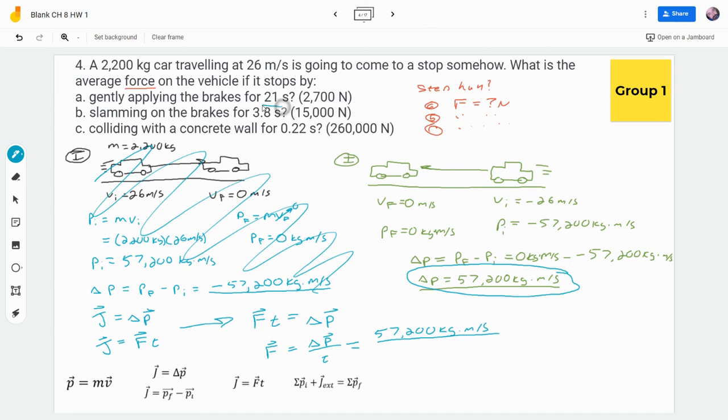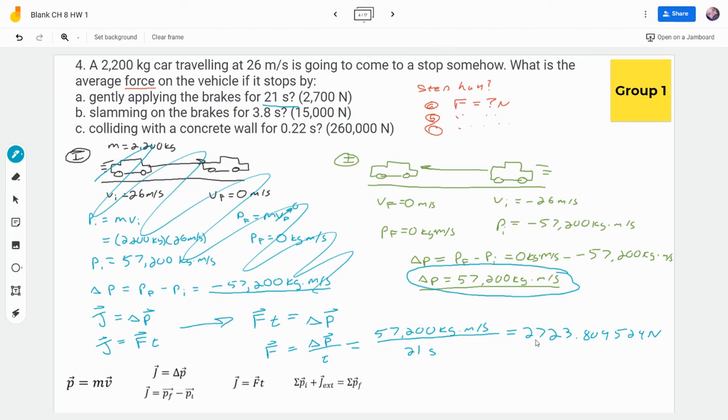It's 21 seconds. So if you do 57,200 divided by 21, the calculator gives you 2,723.809524. And the units for this would be newtons because this is a force.